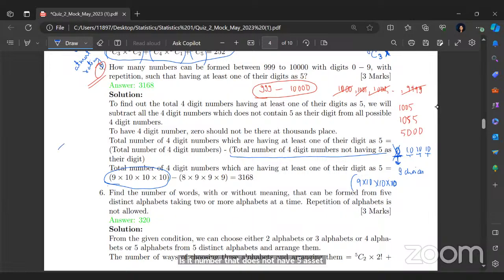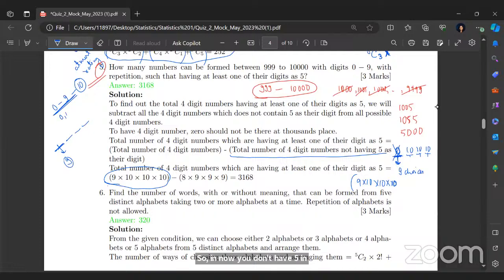So if you have to make a 4-digit number, before you had 0 to 9 possibilities, which is a total of 10 possibilities. And for the 1000 place, you had only 9 possibilities, right? And now, since you are removing 5 from this set, you don't have 5 in there.